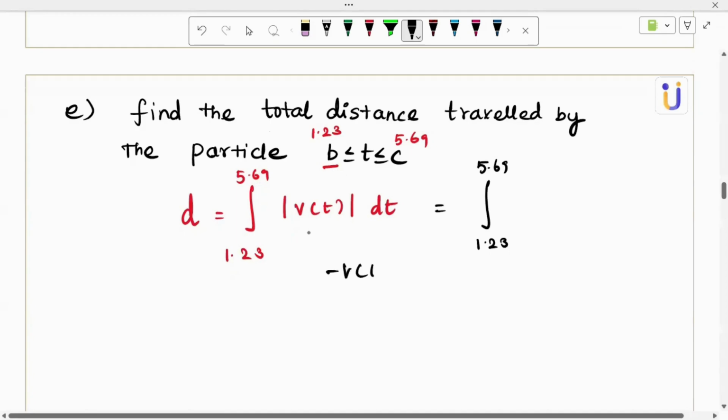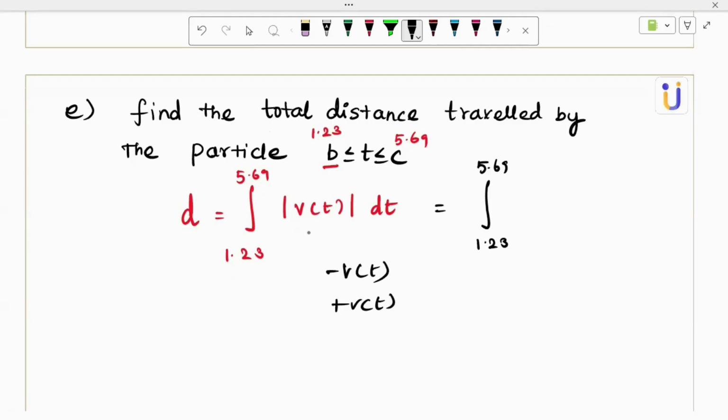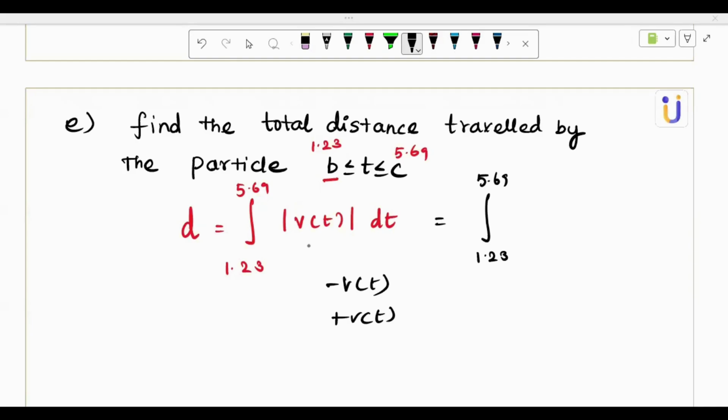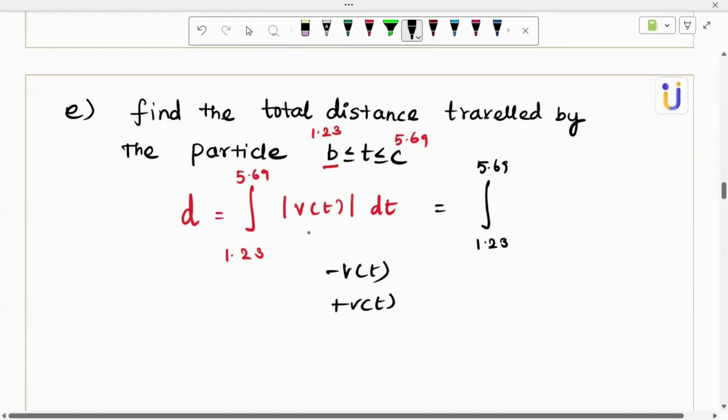So negative V of t and positive V of t, and the interval will get broken. So let's see how to do it. Directly we can go with the graphical part. We will graph and then find the total area under the curve and above the curve. Let's get into this.